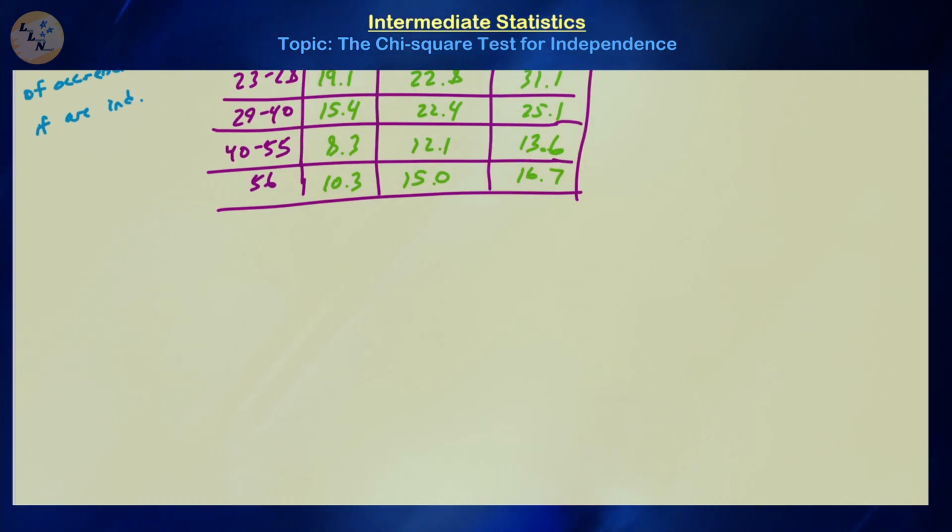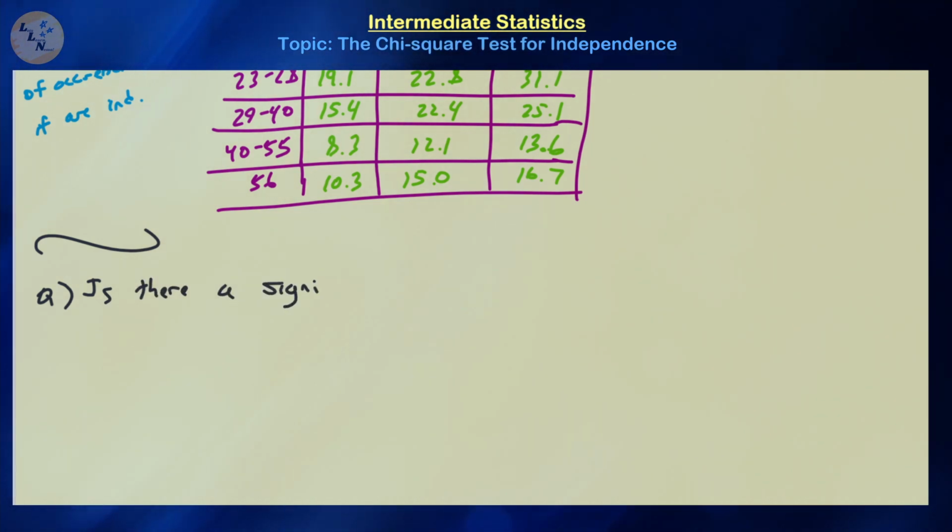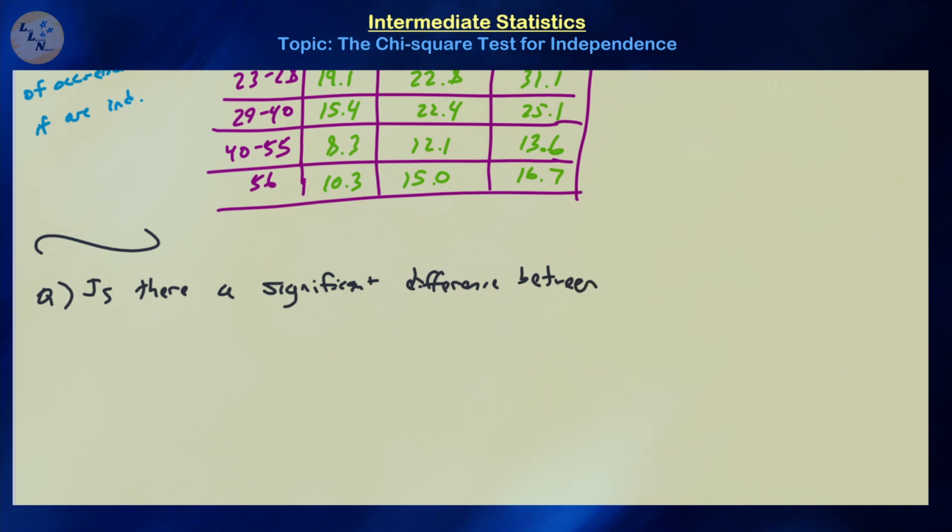So let's just formally state that. So question, is there a significant difference between the observed value for each cell and the expected value of each cell?